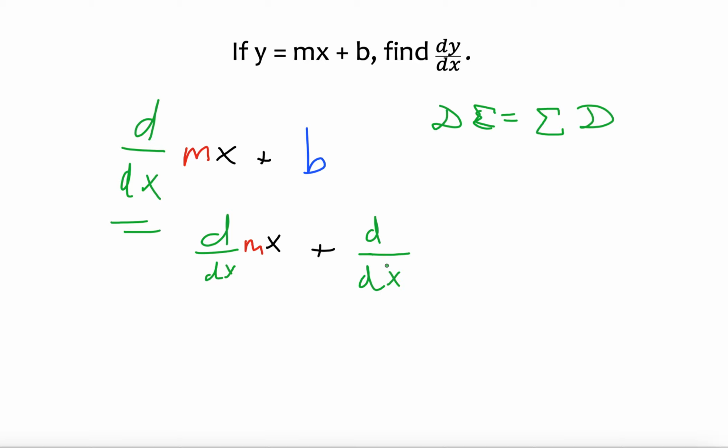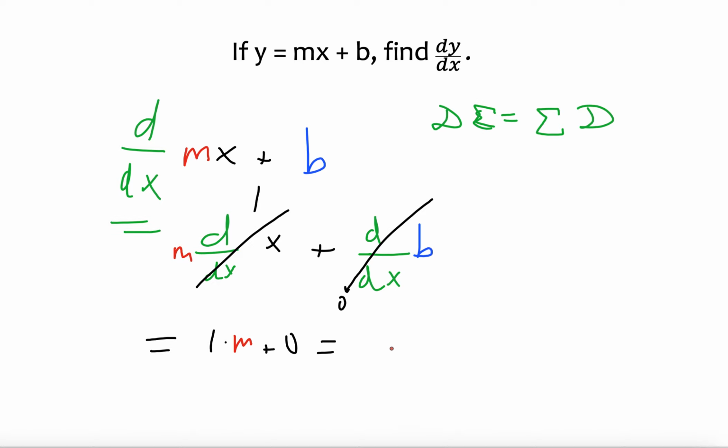Now we can use a couple steps here, because we've already proved that the derivative of a constant is 0, so this entire term goes to 0. And we also showed that we can just hop the constant, which is m, out of the function. But look, we also proved that the derivative with respect to x of x is 1. So this becomes 1. And we get 1 times m plus 0, which of course is m.